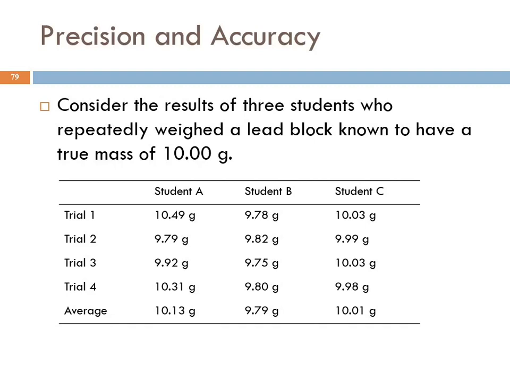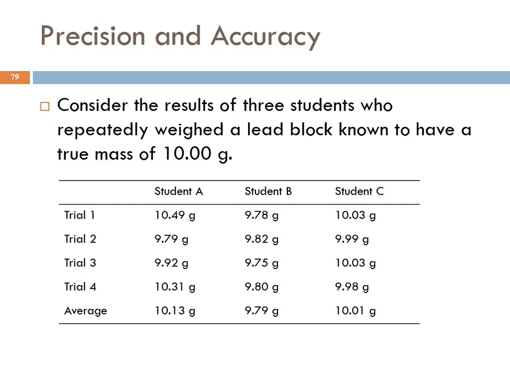3 students took a lead block that was known to have a true mass of 10.00 grams, and they weighed them. Each student weighed the block 4 times. And these are their results. So, student A, the first time it was 10.49, 9.79, 9.92, 10.31, and then they get an average.